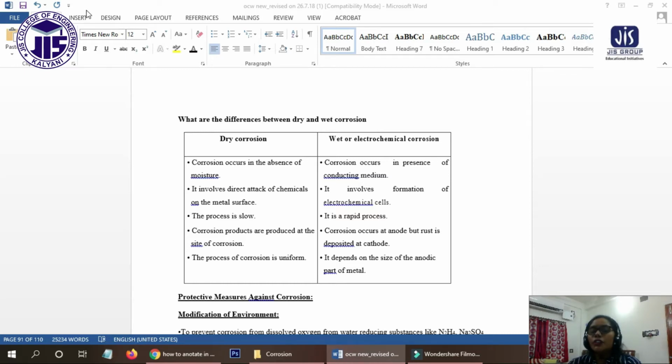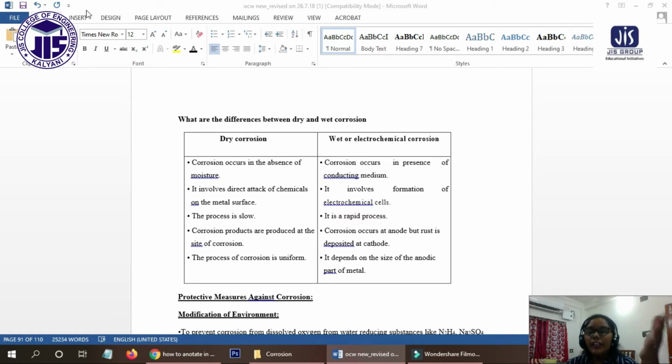For dry corrosion, the corrosion products, that means the metal layers that are forming, are produced at the site of corrosion. And for wet corrosion or electrochemical corrosion, what will happen? Generally the corrosion occurs at the anode. Why the anode?